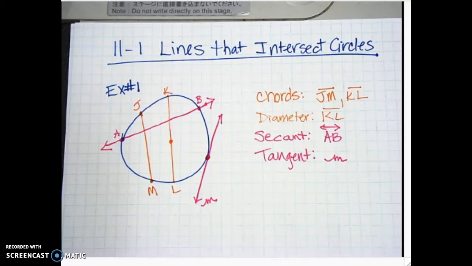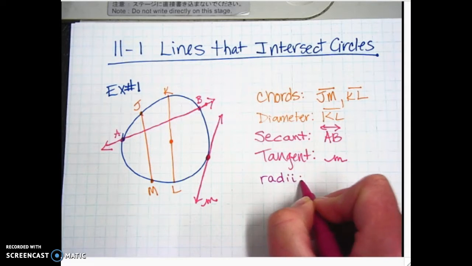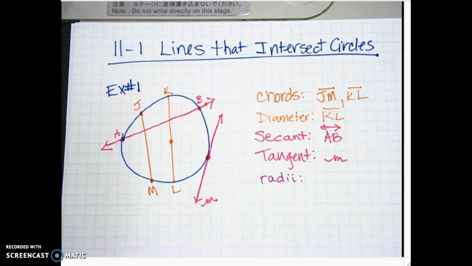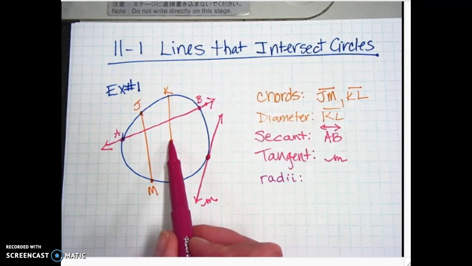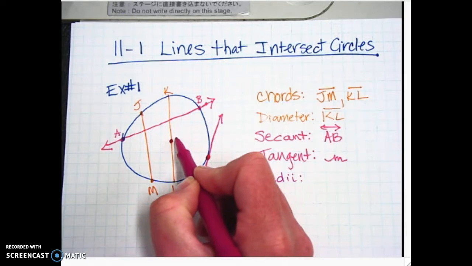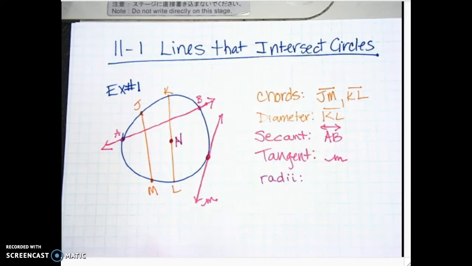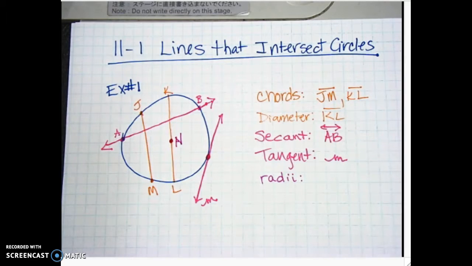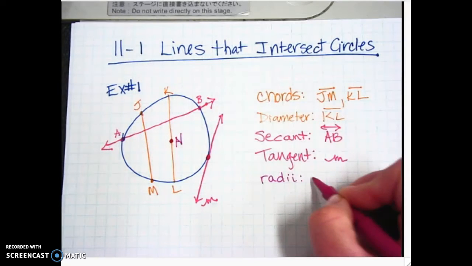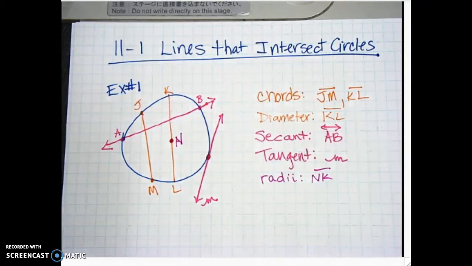And then the last one is one that you should be very familiar with. It's radii or radius. Radii is plural for radius, right? So anything that goes from the center to the side. So if we label this midpoint, oh, we already have L, J, K, L, M. How about N? We'll label it N. Then a radius would be NK. That's a radius, right?